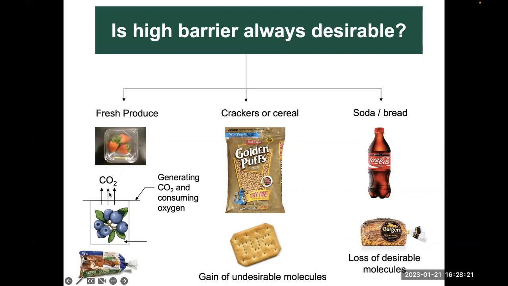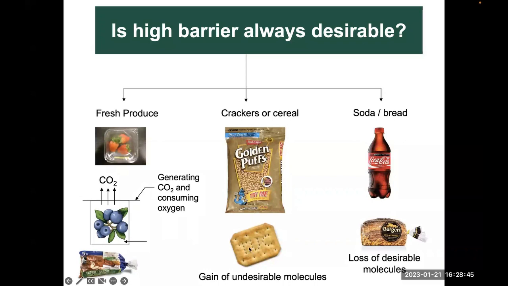These examples of the produce are indicating that a completely good barrier, with no exchange of gases, may not be a good strategy, may not be a good idea for various products.